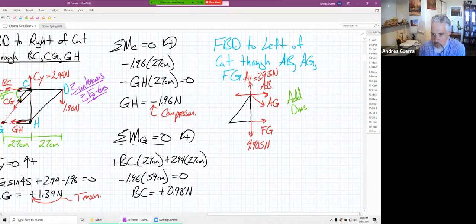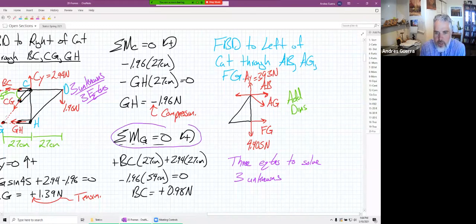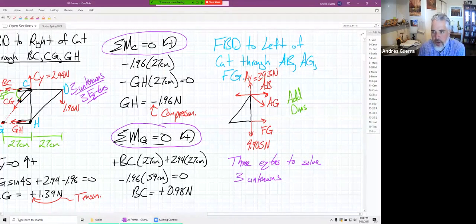We have three equations to solve for the three unknowns. And remember, last time we had actually used a couple of moment equations. So remember, we can use any combination of three equations. We don't get more than three equations, but any combination of them allows us to solve for those three unknowns.